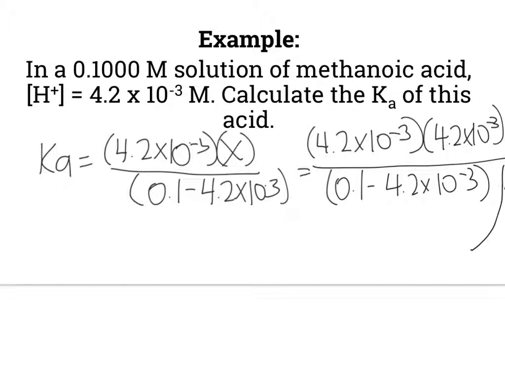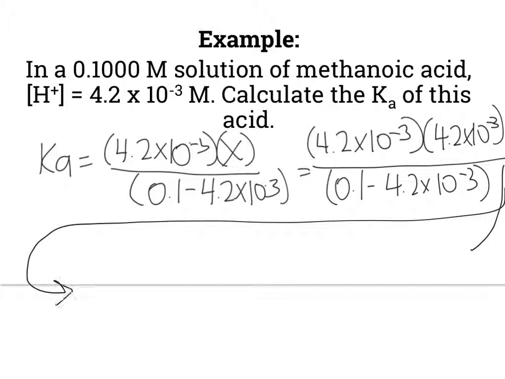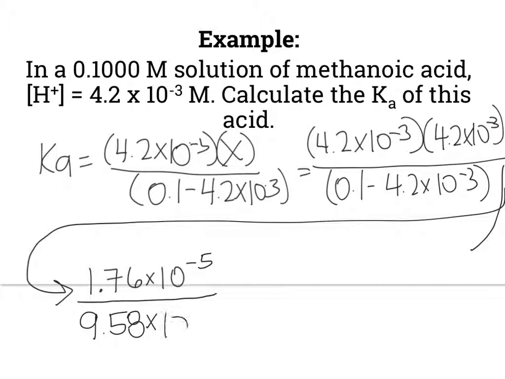So, let me kind of draw this arrow to show you where I'll be putting my answers. That turns into, so our top is equal to 1.76 times 10 to the negative 5 over 5.8 times 10 to the negative 2.